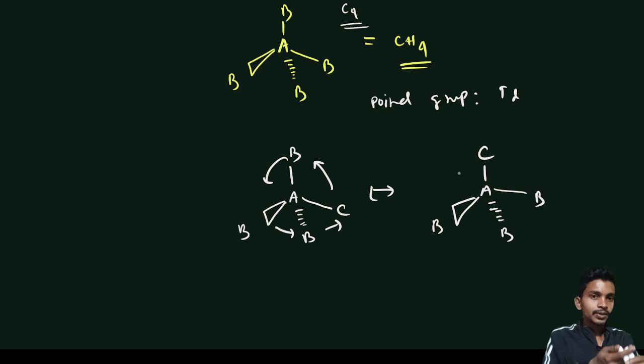one molecule is in this direction, one molecule is front, and one is front, another is back. So this black one is back, and this is front.